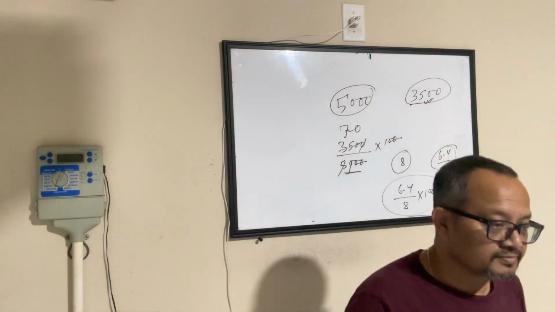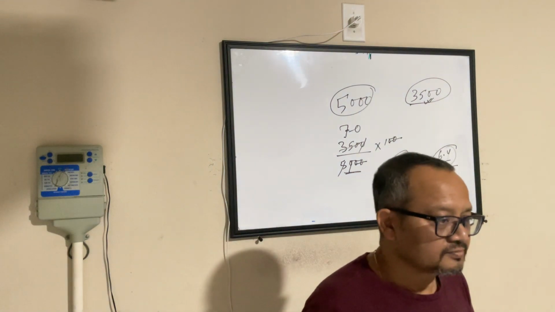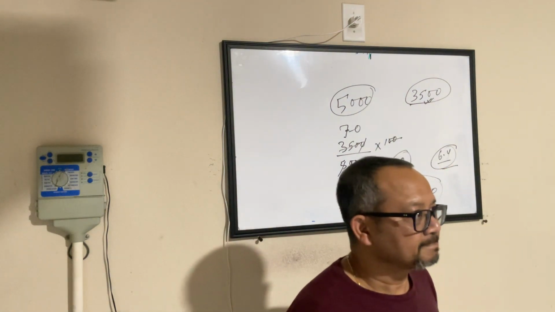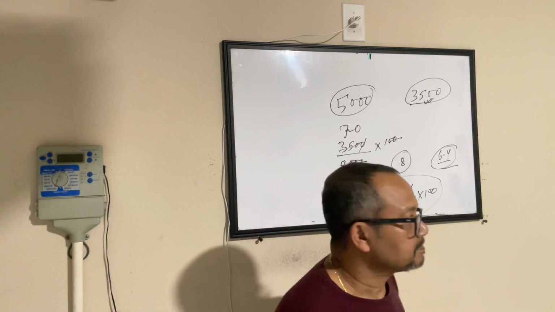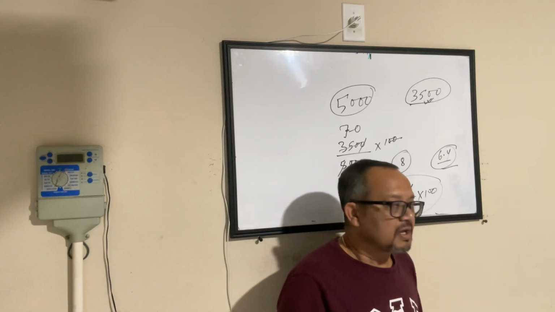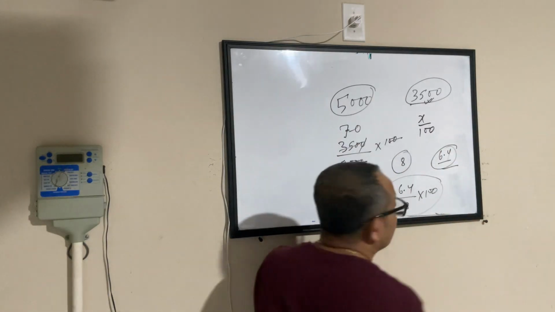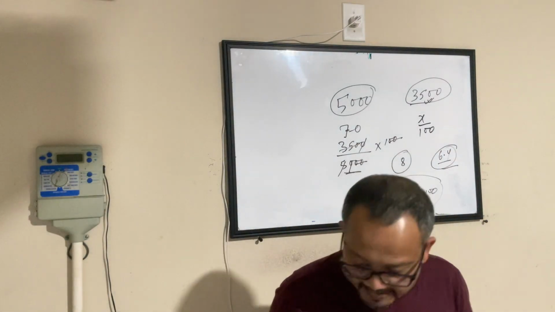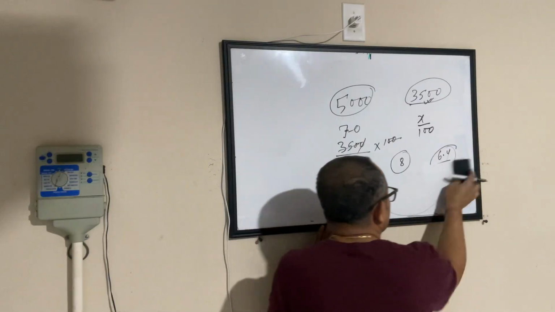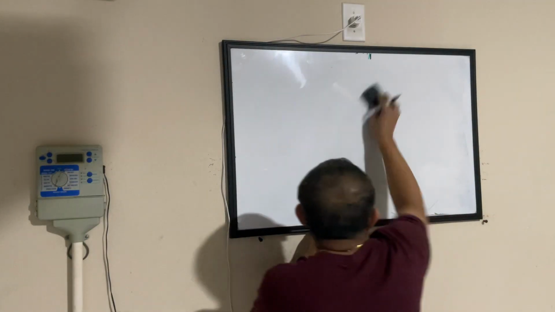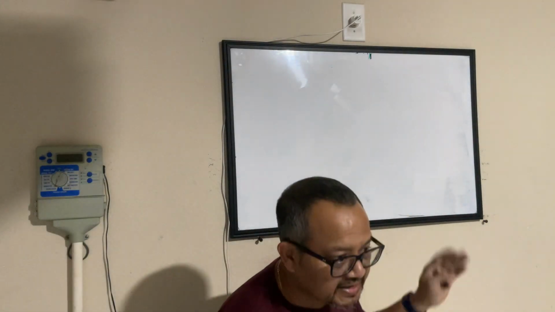Yes, Pranav. Can't we do x over 100 instead of just multiplying by 100? No, you cannot. X over 100 will not help. See, you can always think of it like a story. Let's take that salary example.